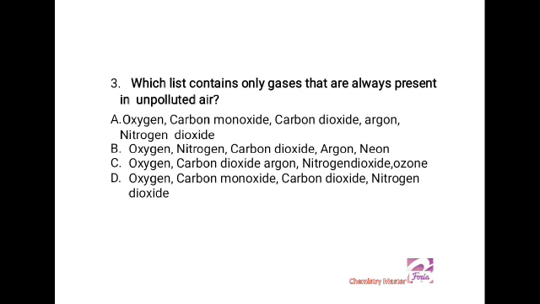The third MCQ is which list contains only gases that are always present in unpolluted air? For this you have to learn about the pollutants. What are those gases which pollute the air? Make a list of all those gases, then you will come to know that carbon monoxide, nitrogen dioxide, ozone, and oxides of sulfur, methane are in fact pollutant gases.